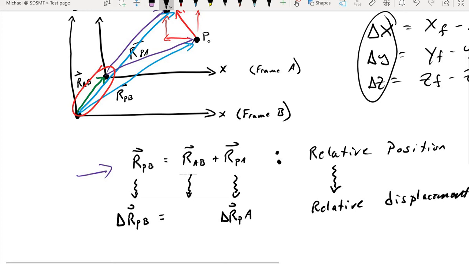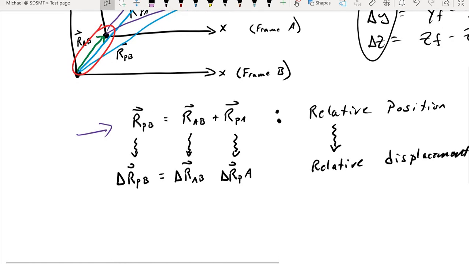And the way that we're going to describe the displacement is to know whether or not there was any displacement between the 2 frames of reference themselves. And right now we're saying no, the frames are going to remain in constant position with respect to each other, so we can say, well, that change in position is 0. The reference frames did not move with respect to each other.